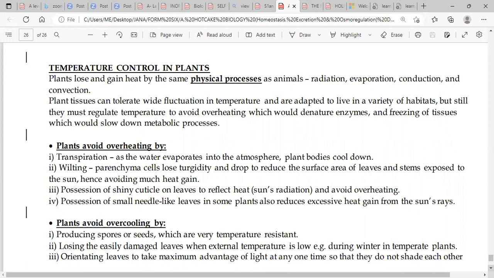One of the ways through which plants avoid overheating is by transpiration. That is, as water evaporates into the atmosphere, plants cool down. Wilting, that is, parenchyma cells lose turgidity and drop to reduce the surface area of leaves and stems exposed to the sun, hence avoiding much heat gain.